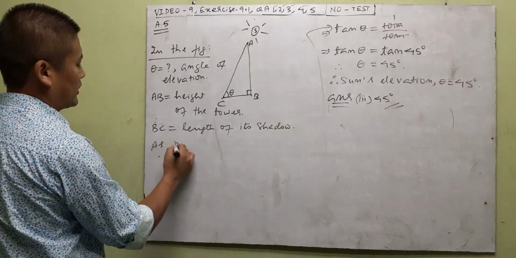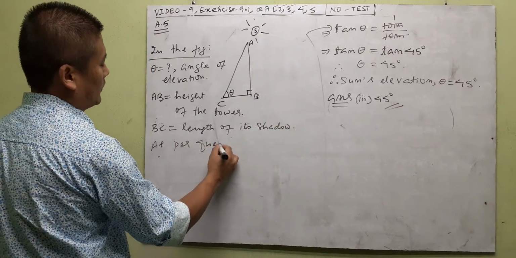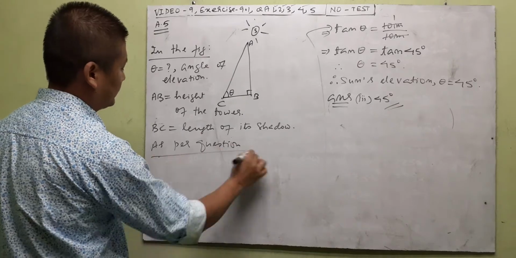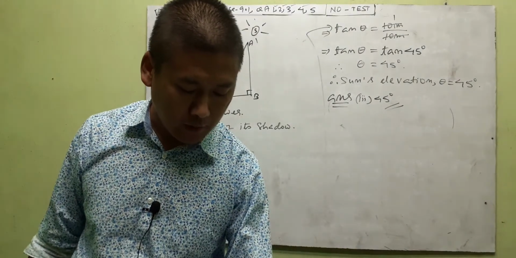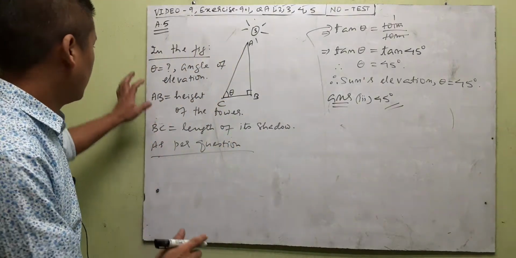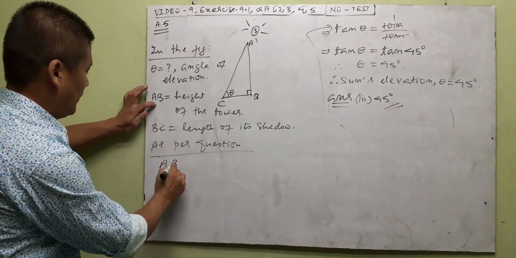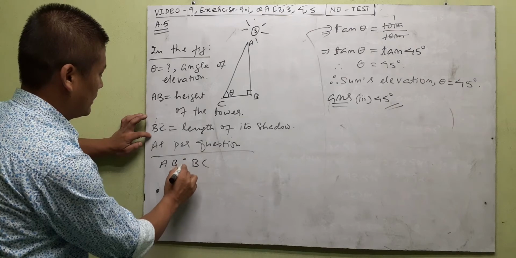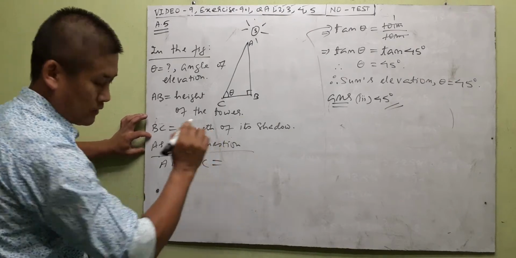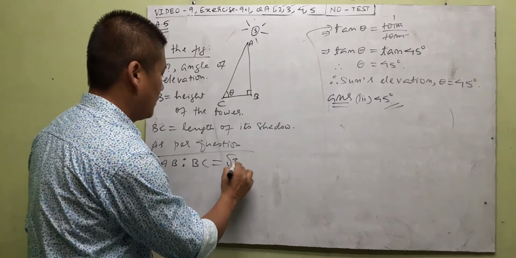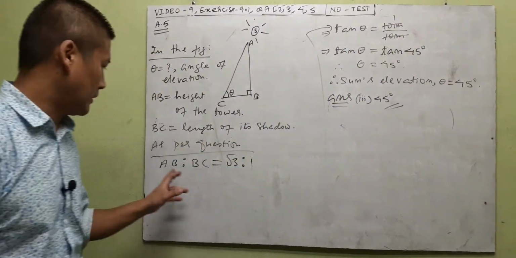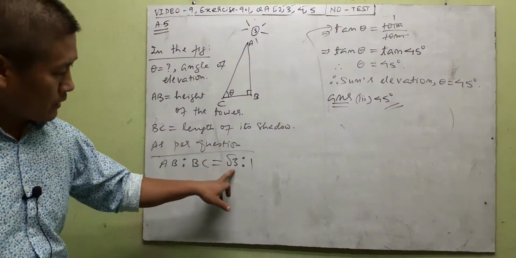Now as per question, let me read. Height of the tower and length of shadow is equal to root 3 is to 1. Like this, the question is saying tower and its shadow root 3 is to 1.